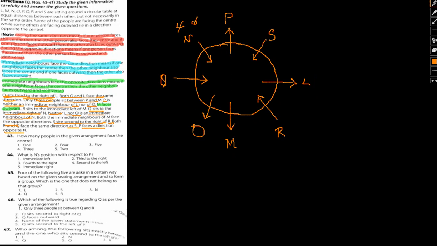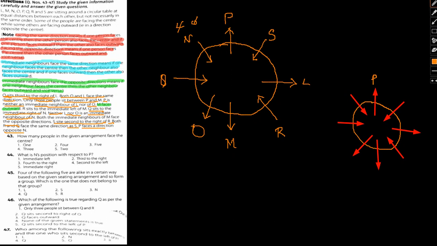Let me draw this properly and give you a brief idea of how things are. Okay, so this is our diagram.